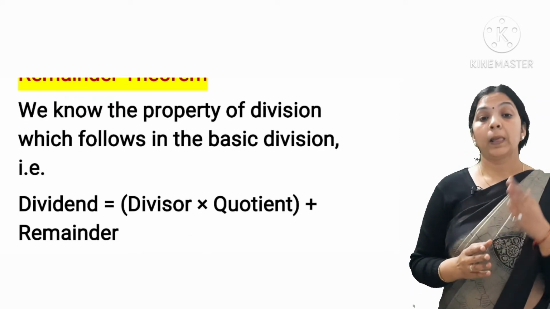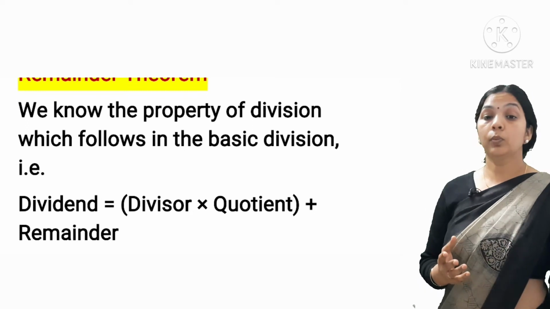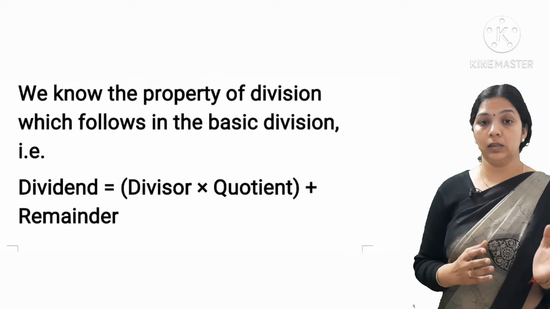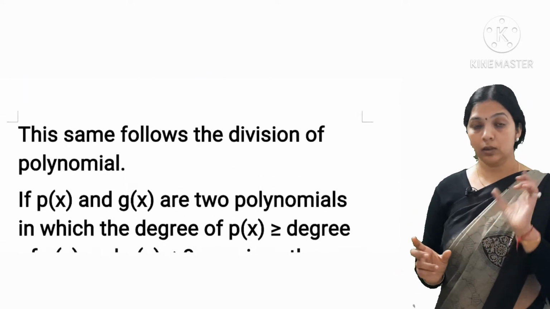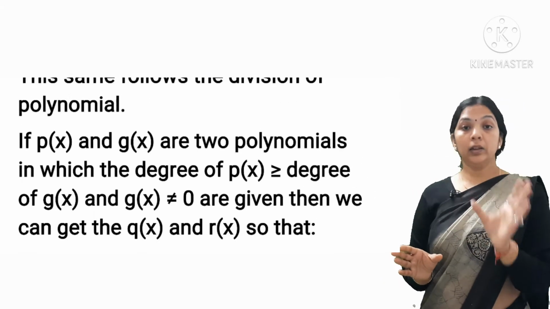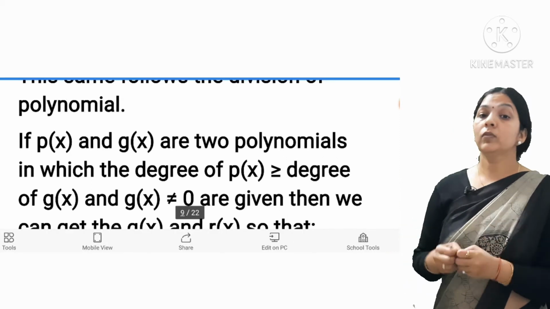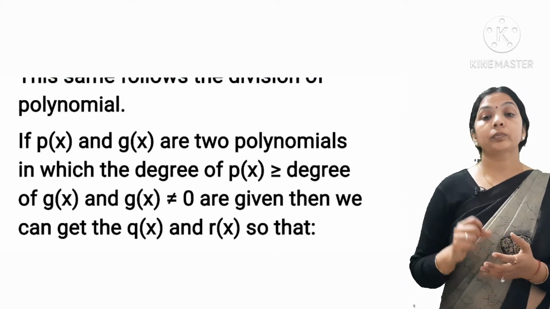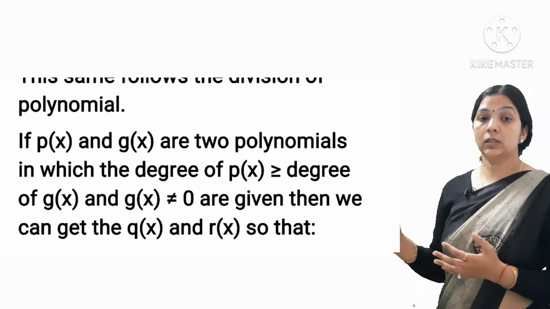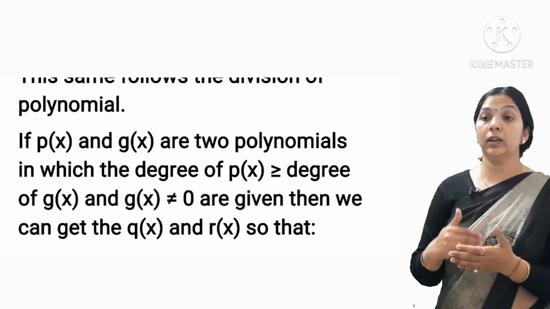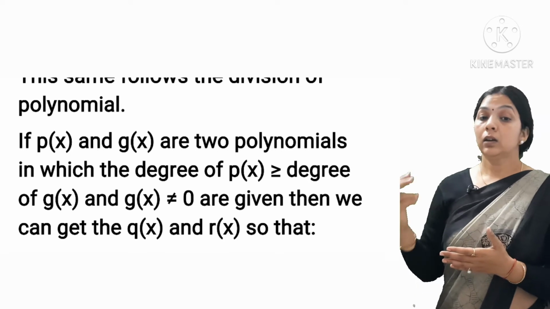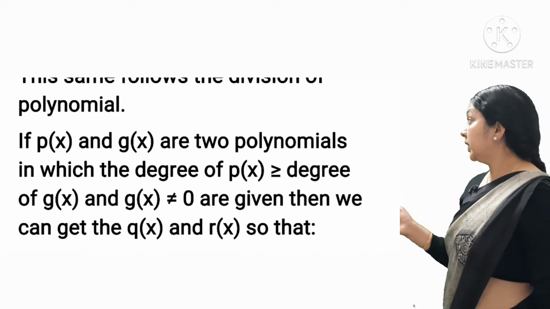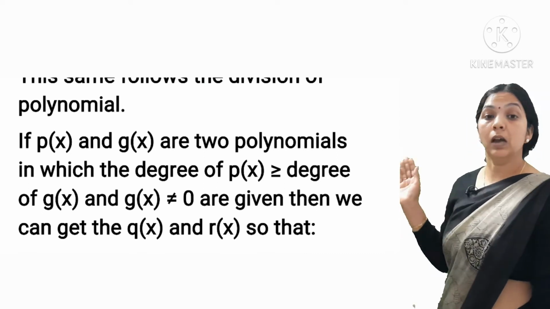So if p(x) and g(x) are two polynomials in which the degree of p(x) is greater than the degree of g(x), and g(x) is not equal to 0, then we can get q(x) and r(x). That means we can get the quotient as well as the remainder, and it would be written as p(x) is equal to g(x) into q(x) plus r(x).